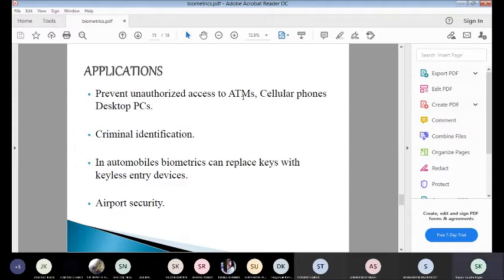right? Because a cellular phone is not only a calling device now, or a device where we store images and videos, we also receive OTPs from banks on our registered mobile number for any transaction we are doing.